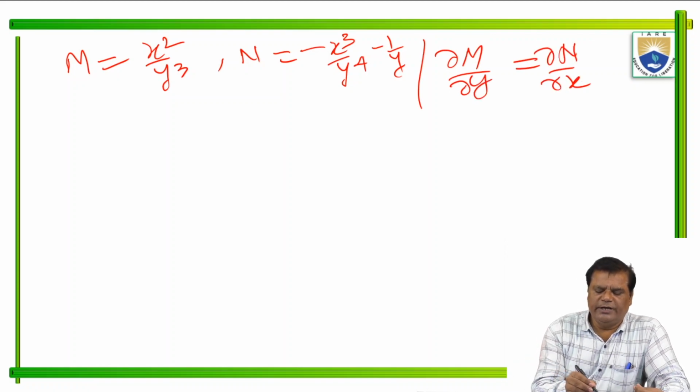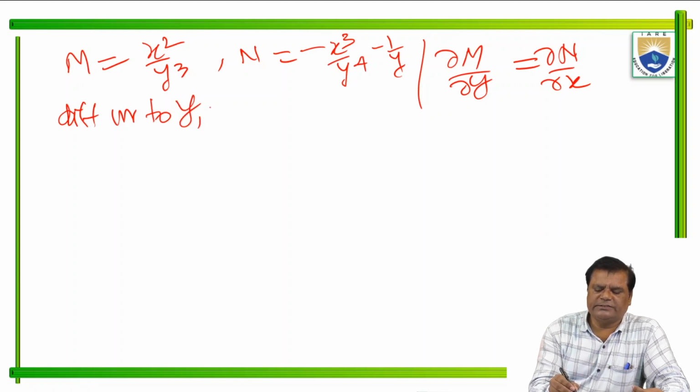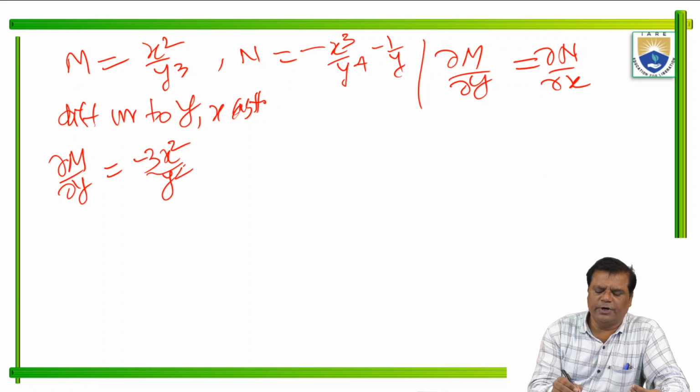Here differentiating m with respect to y, x constant, del m over del y equal to minus 3x square upon y4. Okay, differentiating 1 upon y cube, minus 3 upon y4.